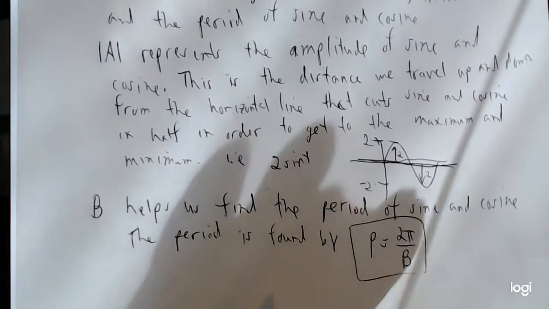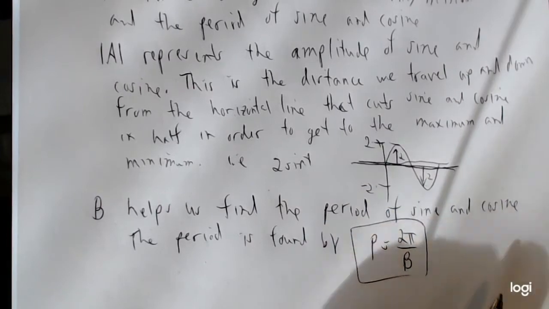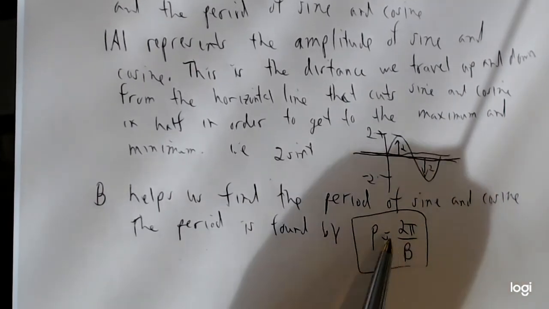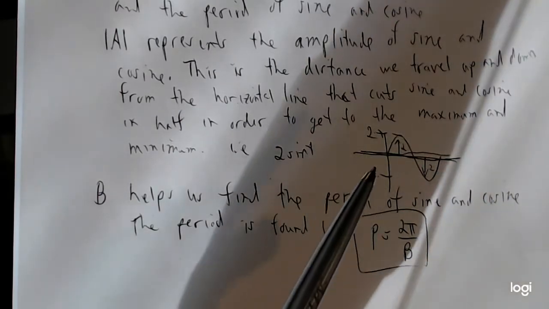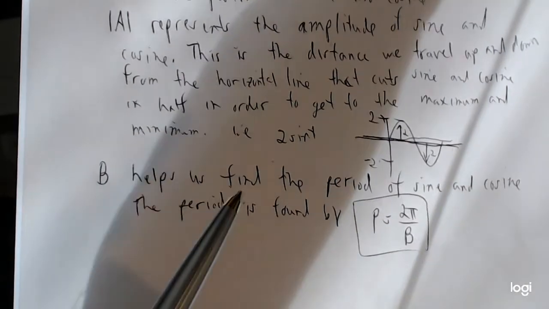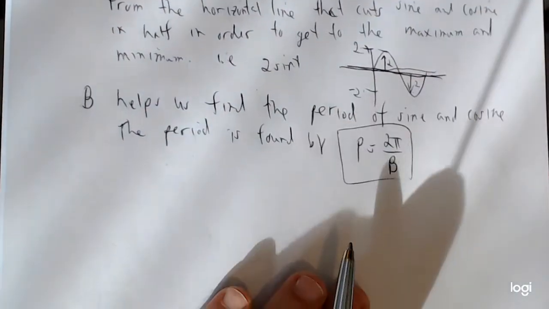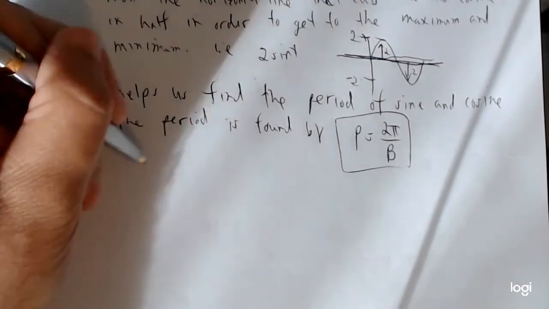Now if you remember the last example we just did where we graphed sine and cosine, b was 1. And notice if b is 1, 2 pi over 1 gives me a period of 2 pi. So that's basically what it is. Now if b is something other than 1, our period will change.